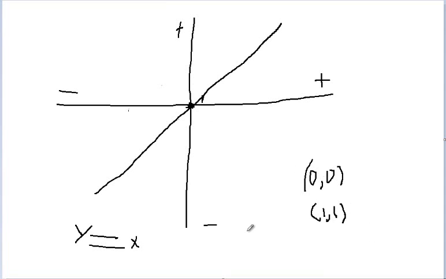And to find the slope of it, we go up 1, so that would be our rise. And then we go to the right 1, which would be our run. So we would divide those two out, and we'd get the slope m equals 1.